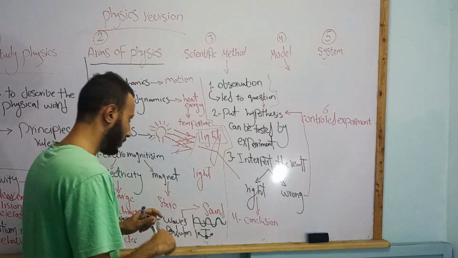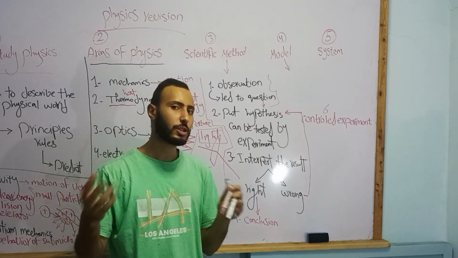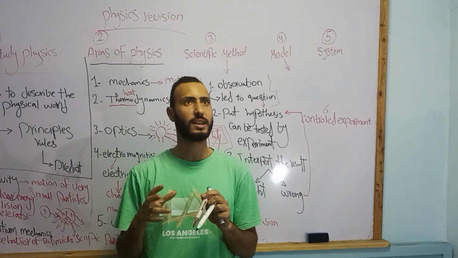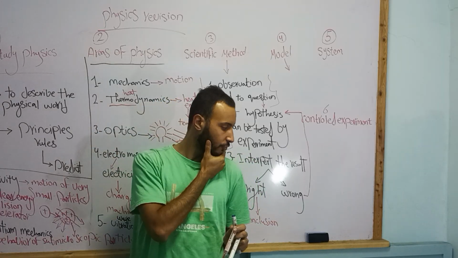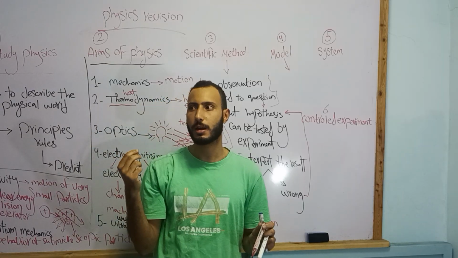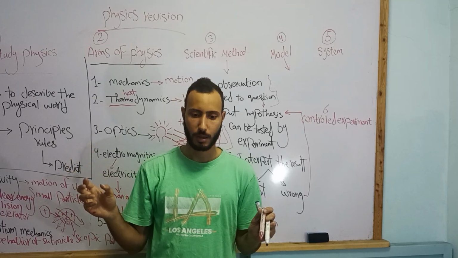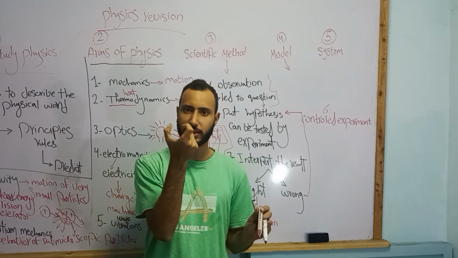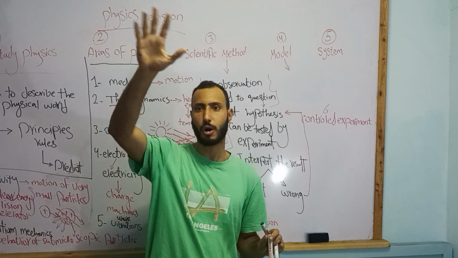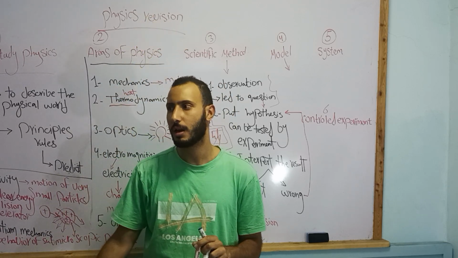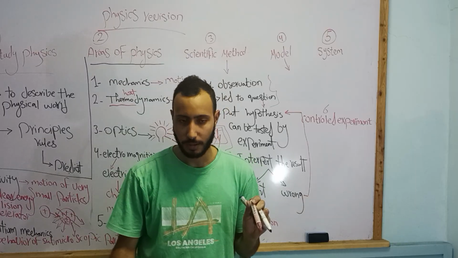Okay? So what is a model at the beginning? A model is a representation for something, representation for anything. For example, if I'm trying to make a representation for our solar system, I'll get some very tiny poles, and I'll say this pole is Mars, this pole is Earth, this pole is Venus, this pole is Uranus, okay?